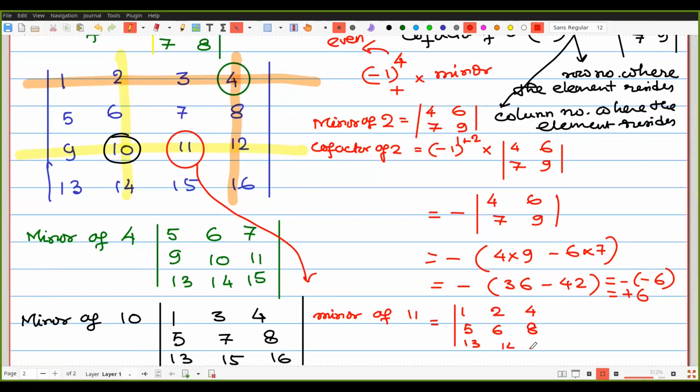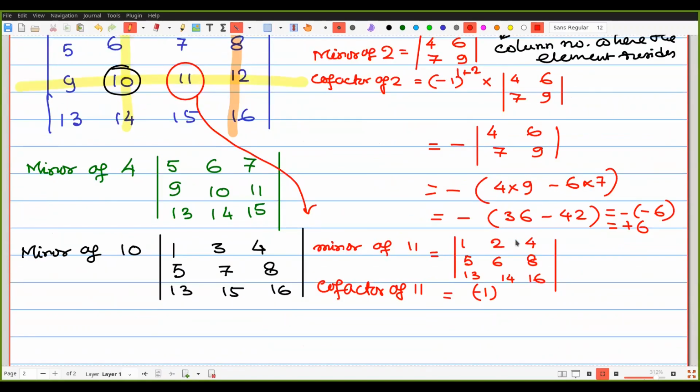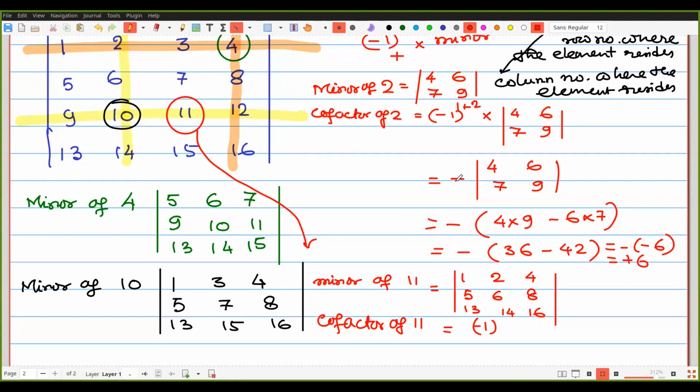That is the minor. But what is the cofactor? The cofactor of 11 is equal to minus 1 whole to the power its position according to row and column. It is in the third row, third column.